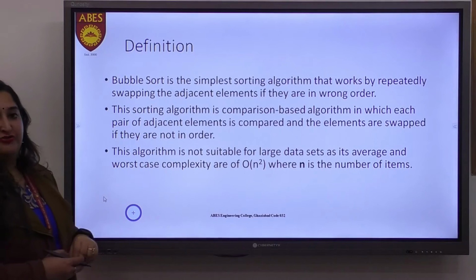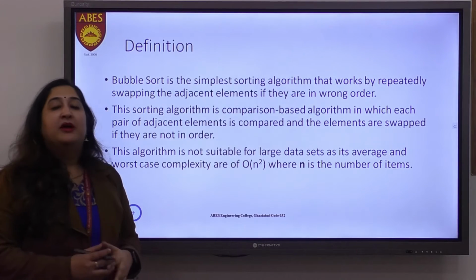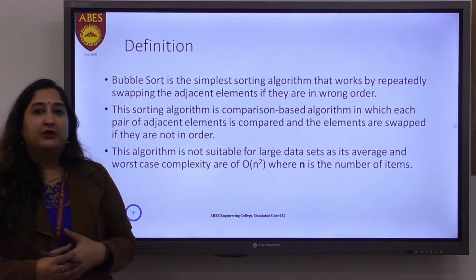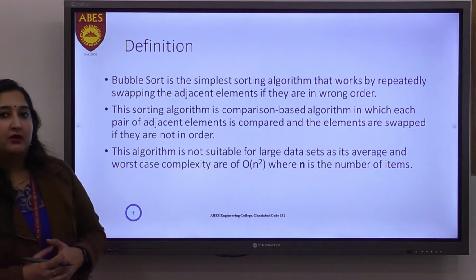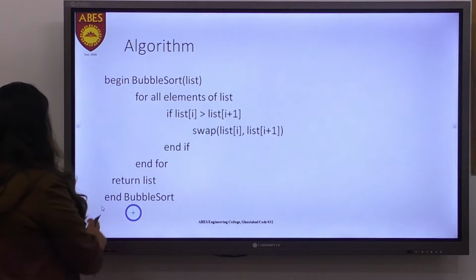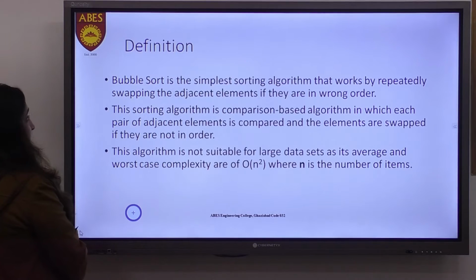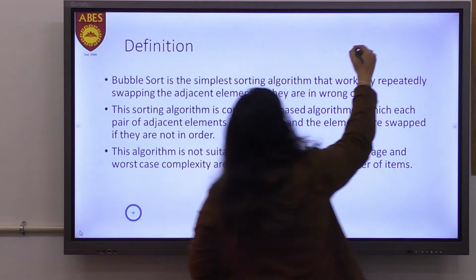So, the simple definition of bubble sort is that it is the simplest sorting algorithm. But the easier way to explain what a bubble sort algorithm is and how it works is by taking the example of a simple bucket.